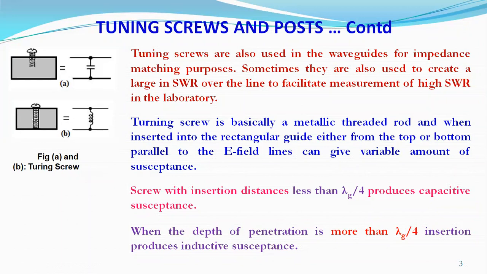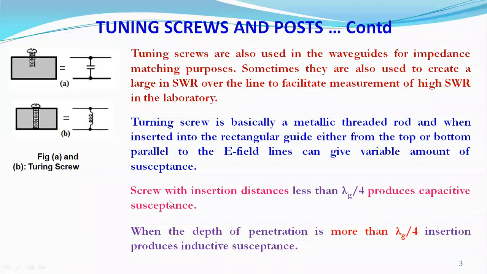Based on the depth of penetration of the screw, the waveguide will exhibit either capacitance or inductance. Now see here, if the screw insertion distance is less than lambda g by 4, it produces capacitive susceptance.